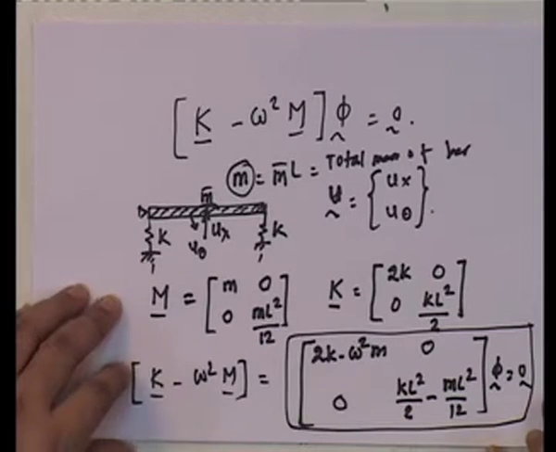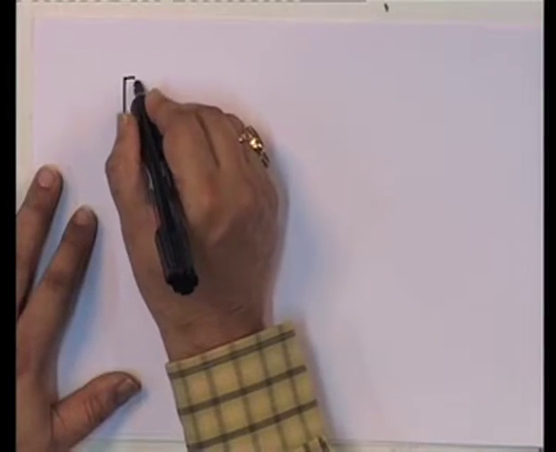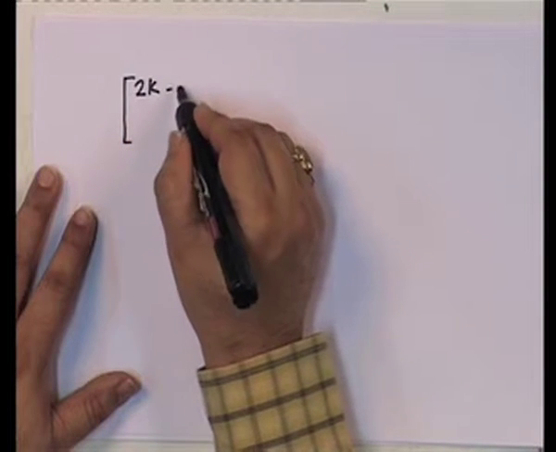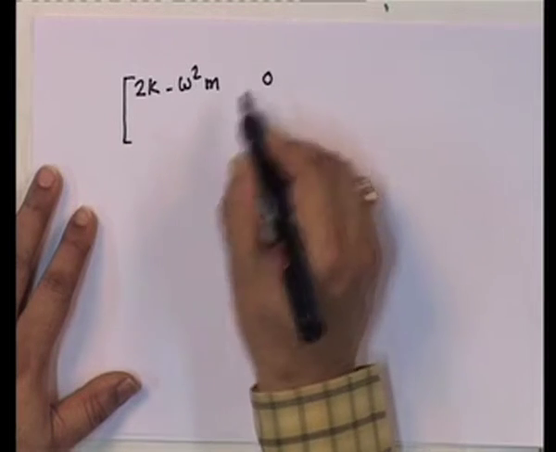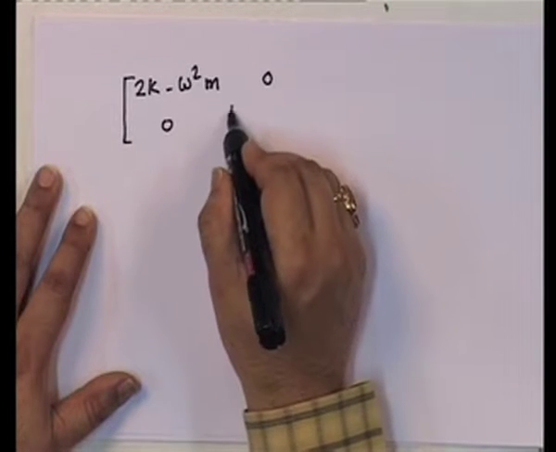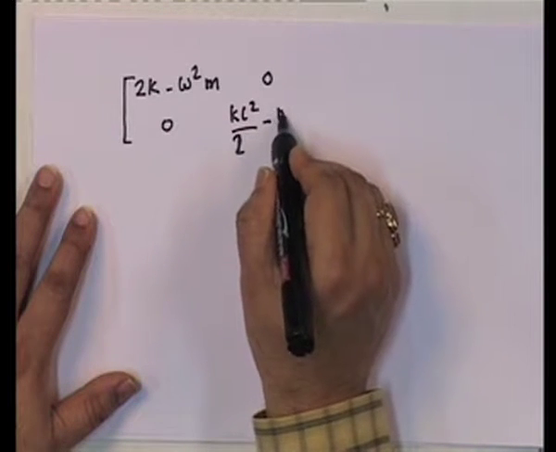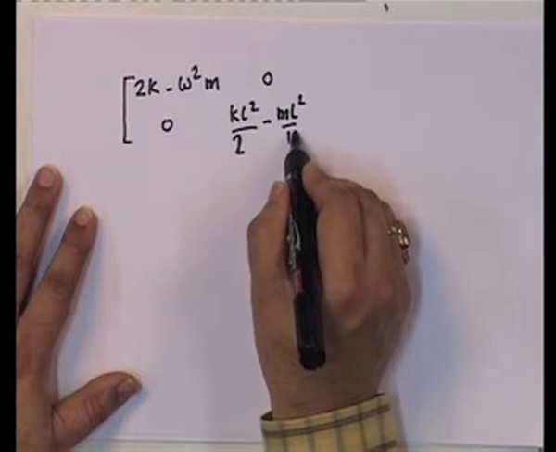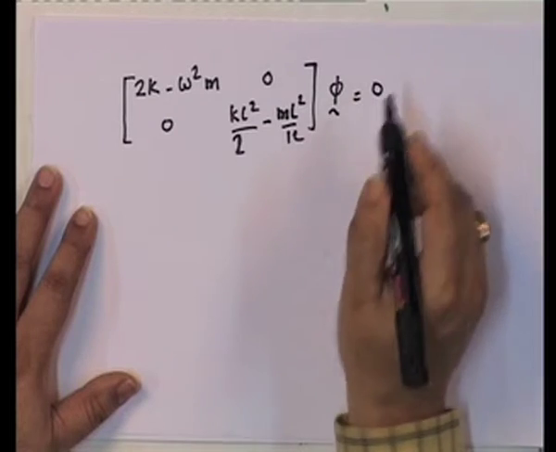Okay. So, how do I do that? Well, remember that for us to do that, I am going to rewrite this here. 2k minus omega squared m, 0 0, k L squared by 2 minus m L squared by 12, phi is equal to 0.